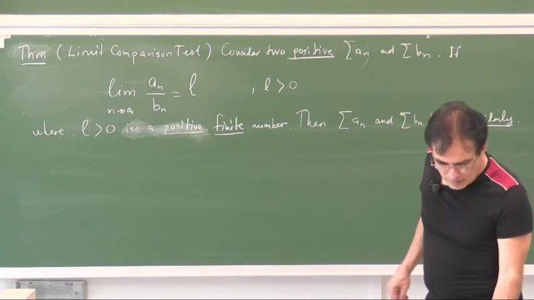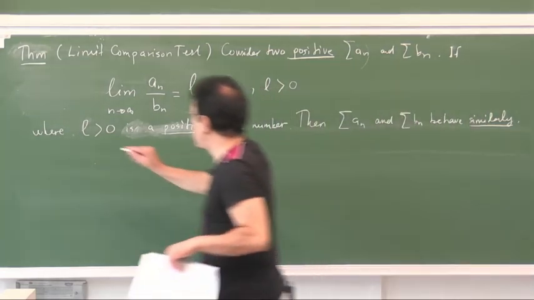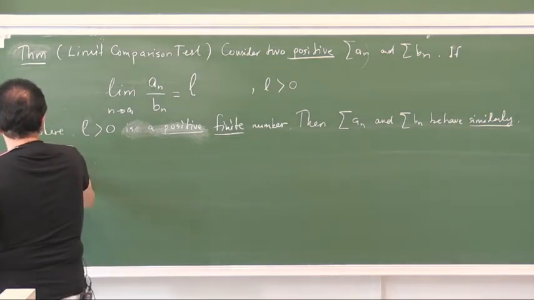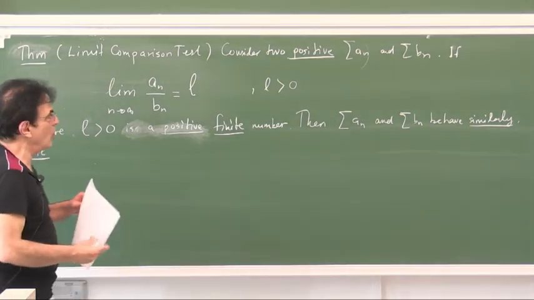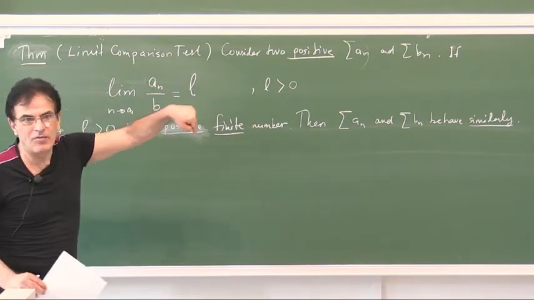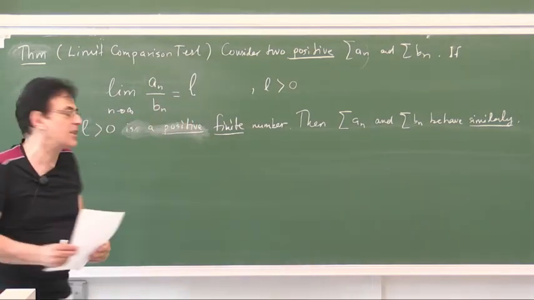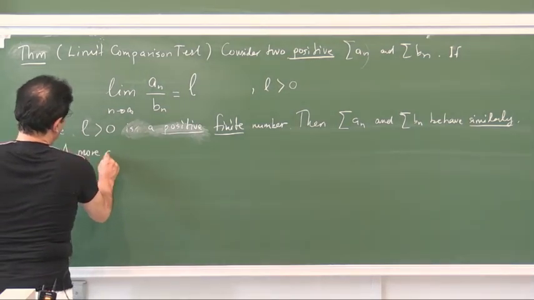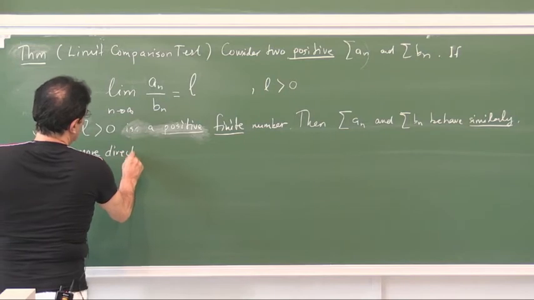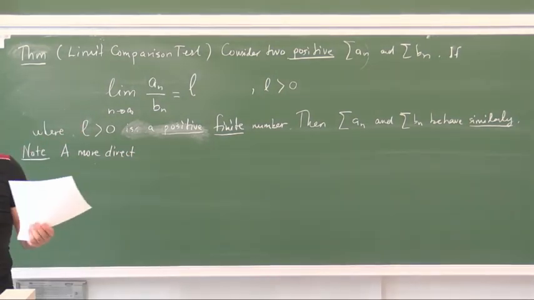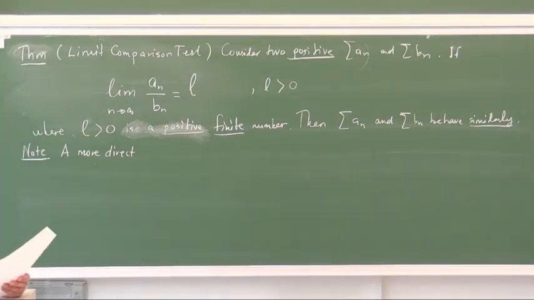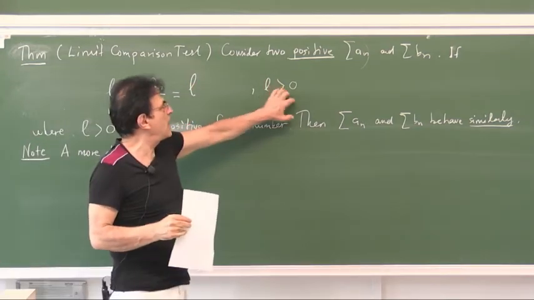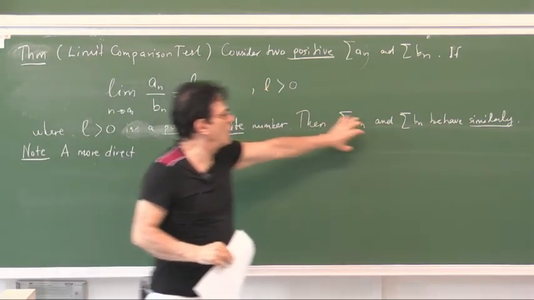Good? But notice that sometimes L may be 0 as an exceptional case, or L may be infinity. So a more direct statement must be maybe like that, which includes the exceptional cases as well. But usually, if L is a finite positive number, two series behave similarly.